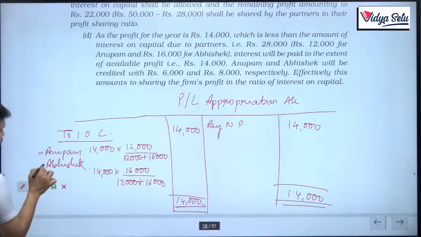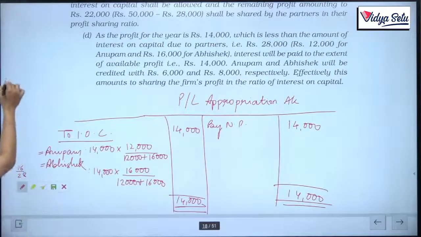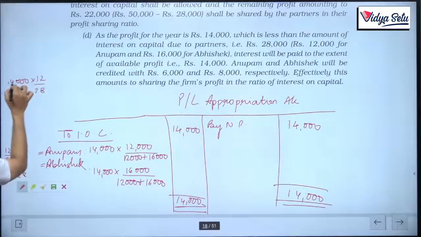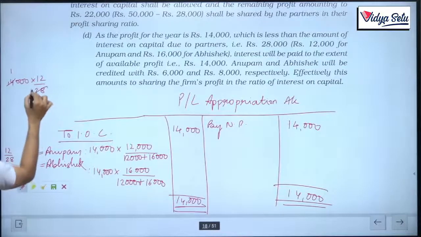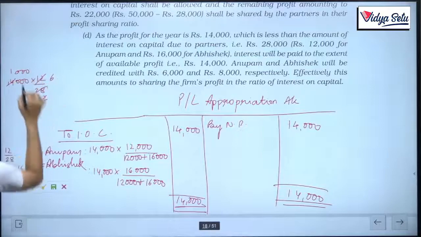That is 12 upon 28 and 16 upon 28. If we solve this, 14,000 multiplied by 12 upon 28 gives 6,000 for Anupam.